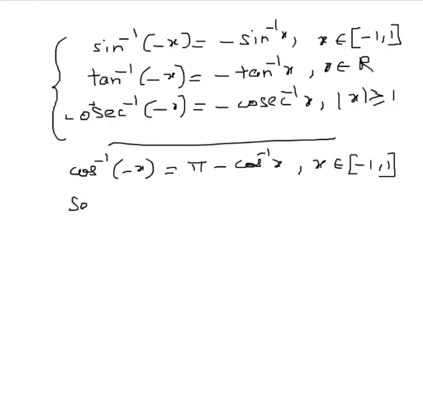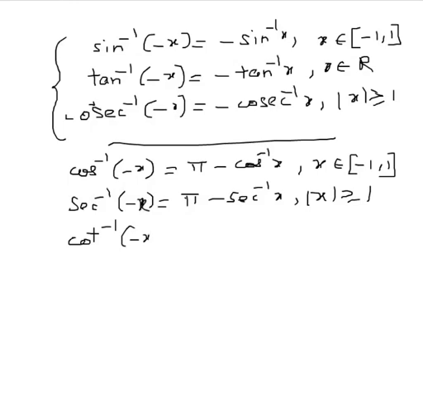And then sec inverse of minus x is the same thing, pi minus sec inverse of x, where absolute value of x is greater than or equal to 1. Cot inverse of minus x. For cot inverse also the principal value branches are the first and the second quadrants. Therefore pi minus cot inverse of x, where x belongs to R.